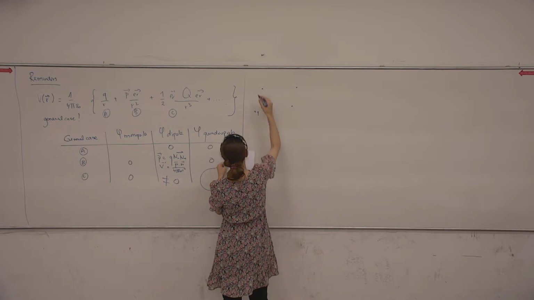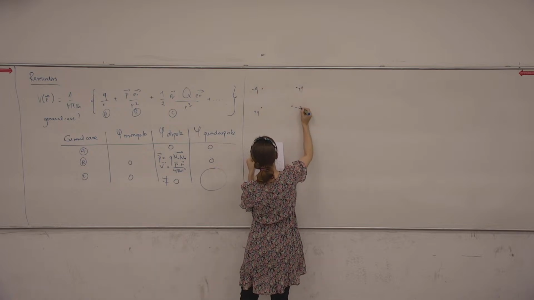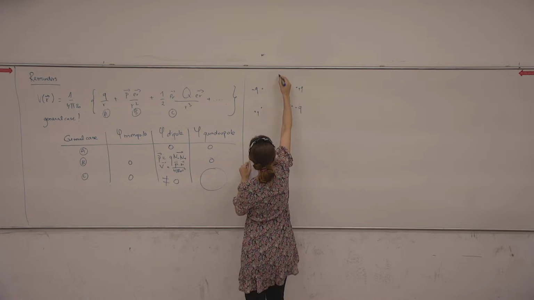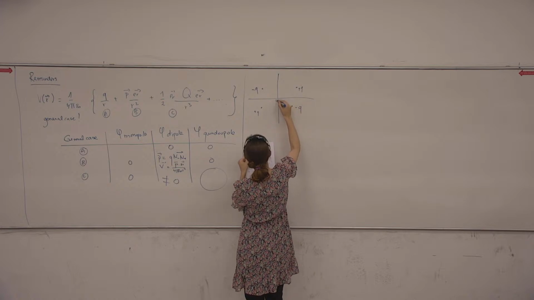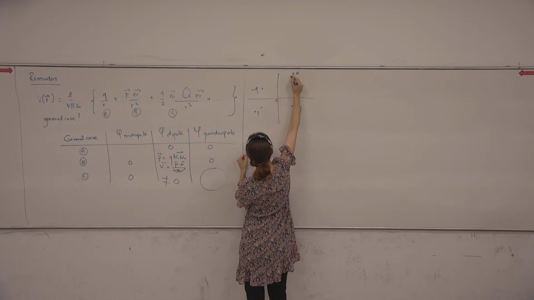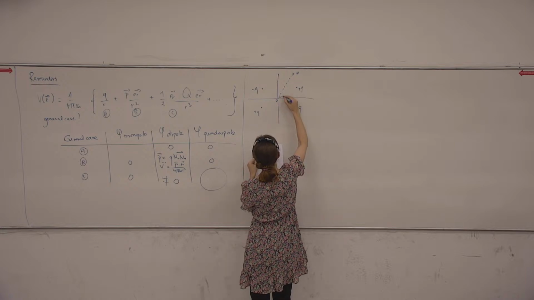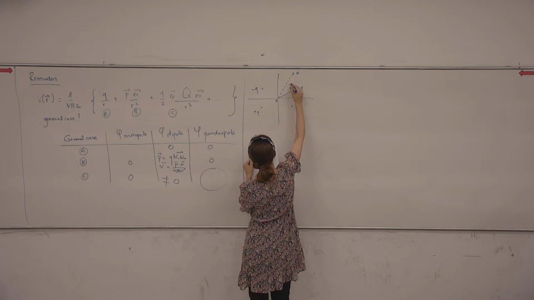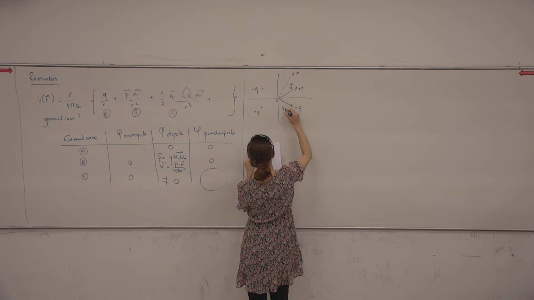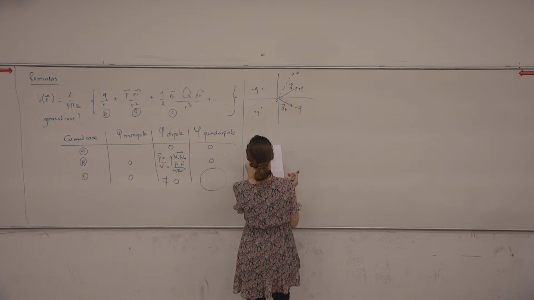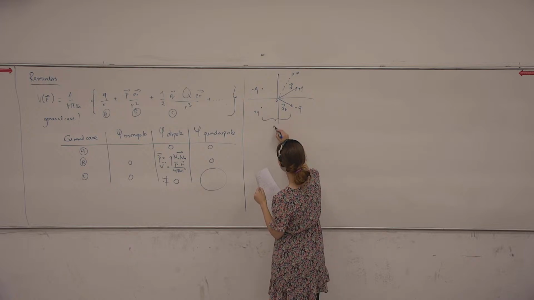So plus Q, minus Q, plus Q, minus Q. And I have here a system of coordinates, and here I have a point M. This I will call D, this I will call D star, and this distance here is A.